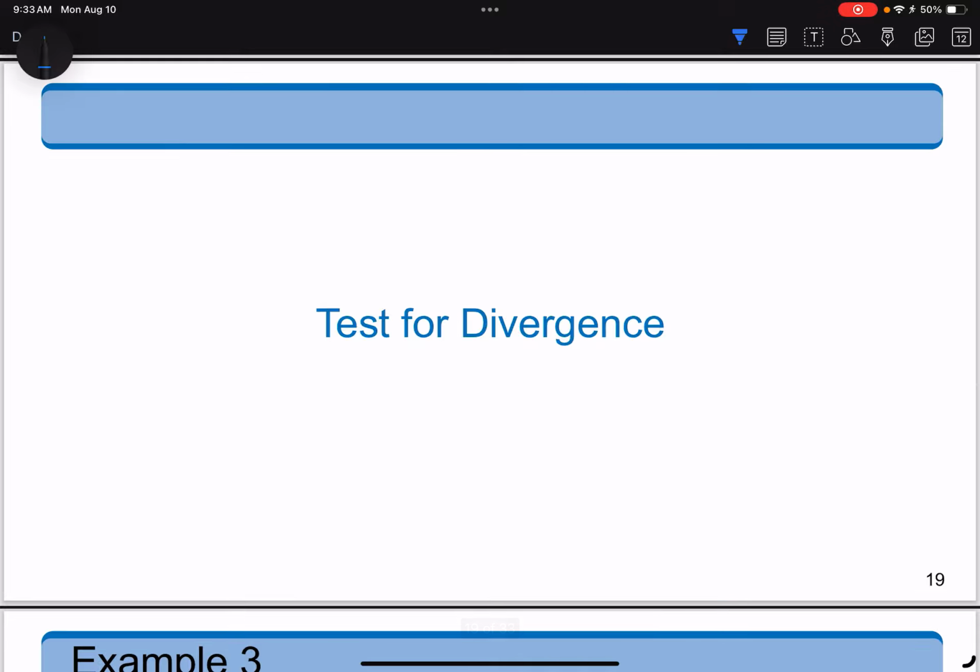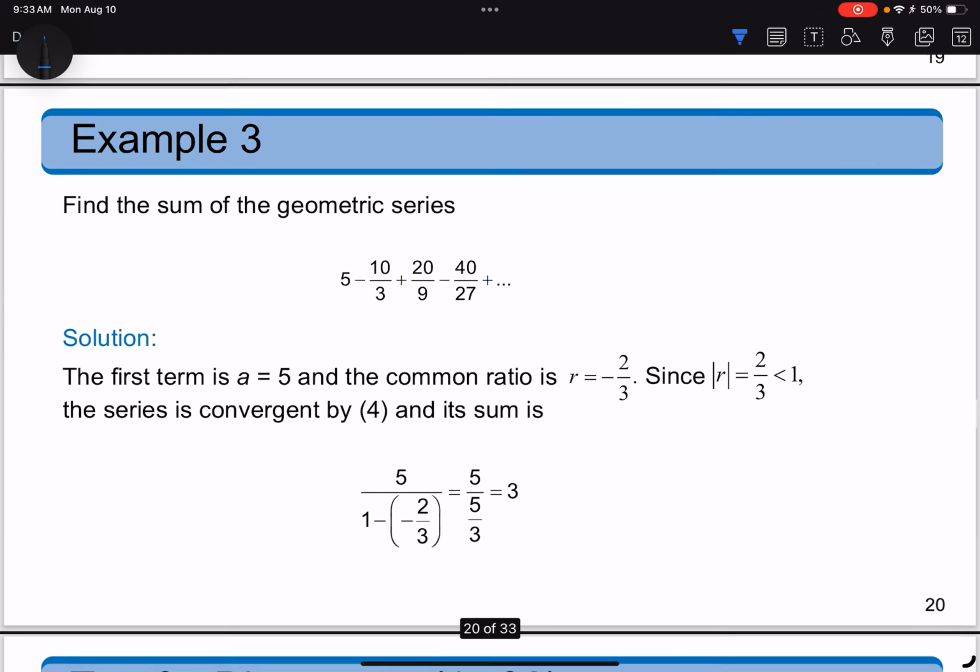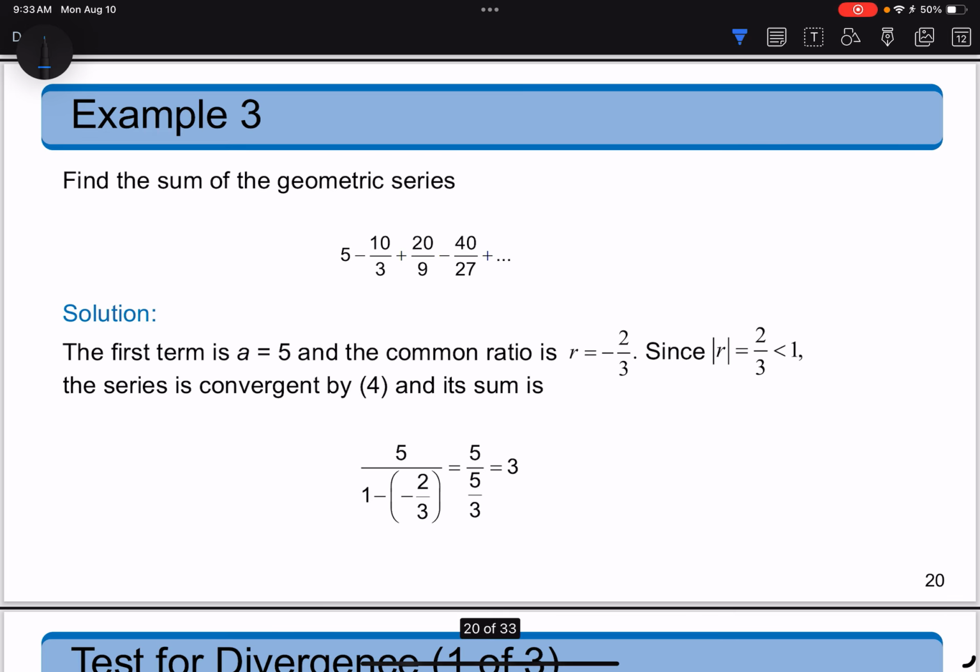Now let us have the test for divergence. How do we determine if the series is divergent? Find the sum of the geometric series 5 minus 10 over 3 plus 20 over 9 minus 40 over 27 and so on.